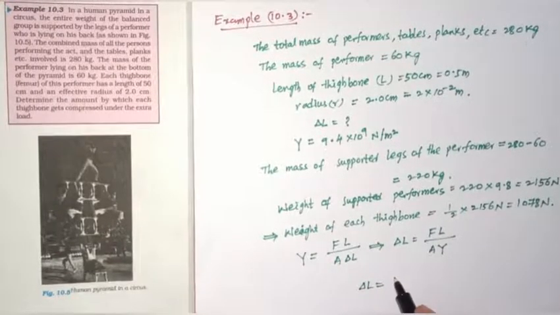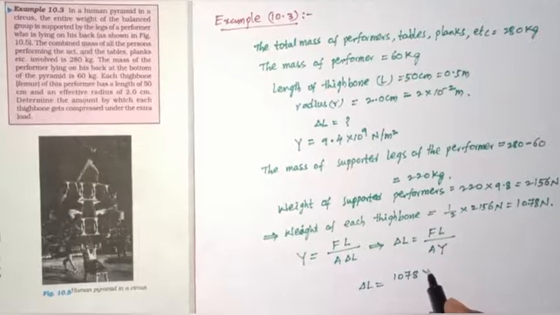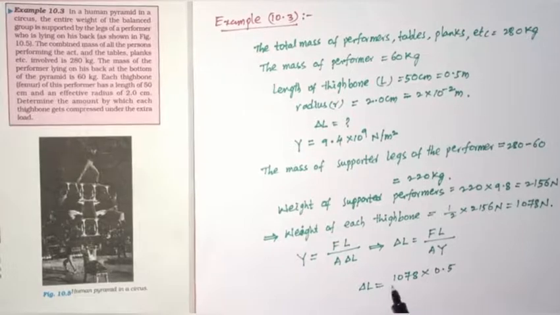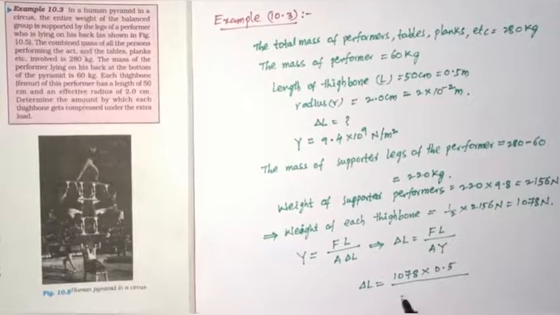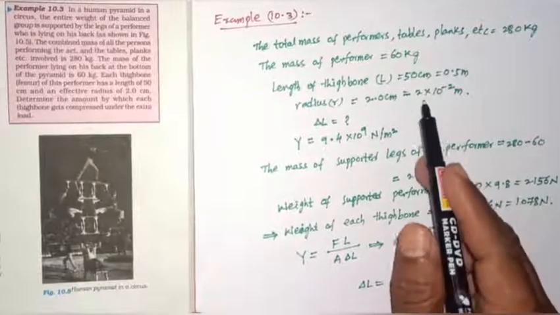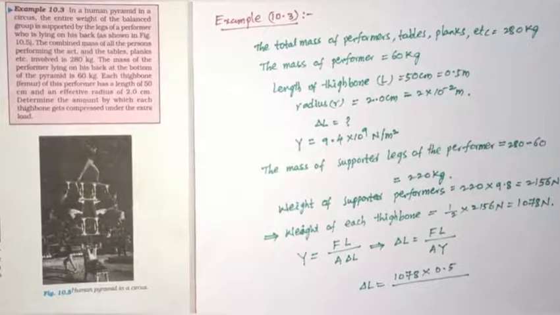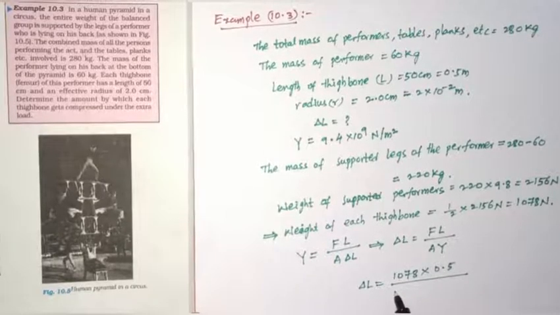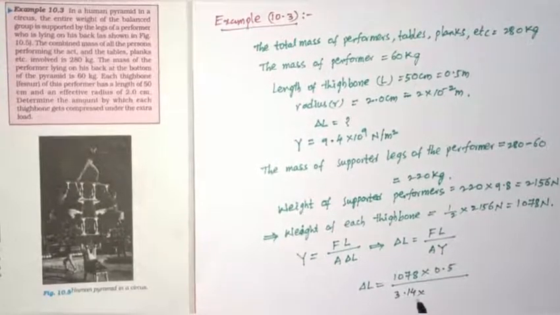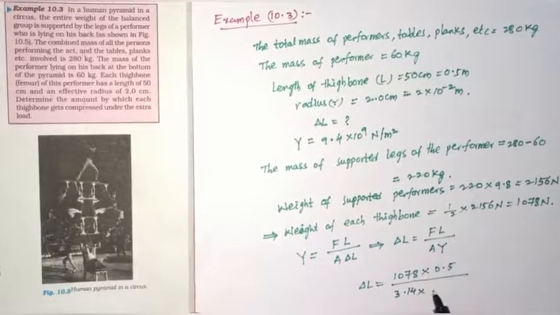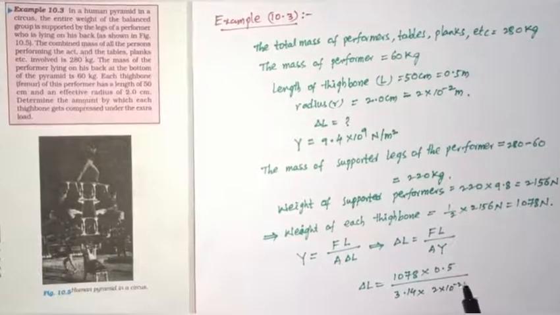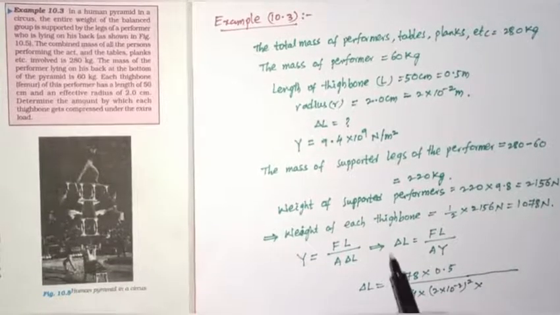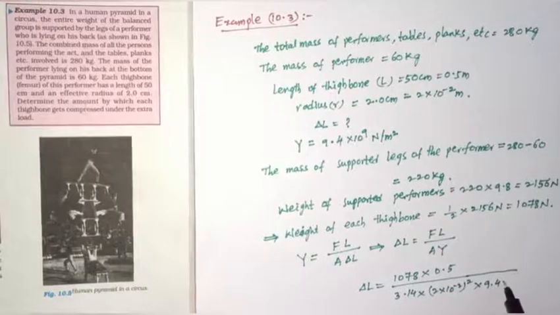Weight is nothing but force, 1078, into length 0.5, divided by area. The radius is given, so the area equals pi r square, that is 3.14 into r equals 2 into 10 to the power of minus 2, whole square, into Y equals 9.4 into 10 to the power of 9.